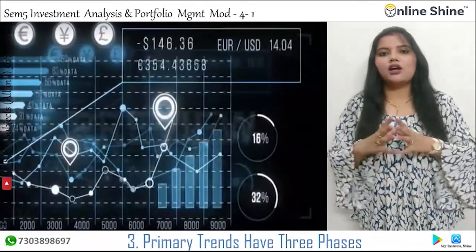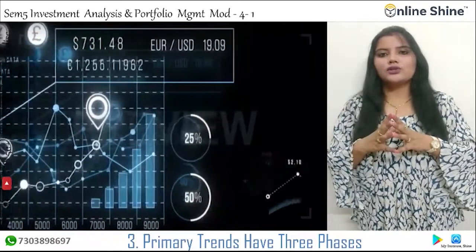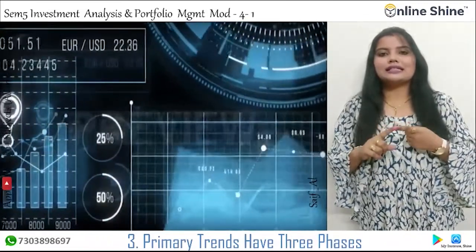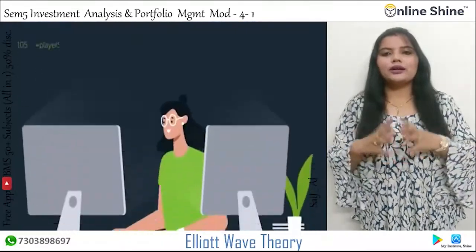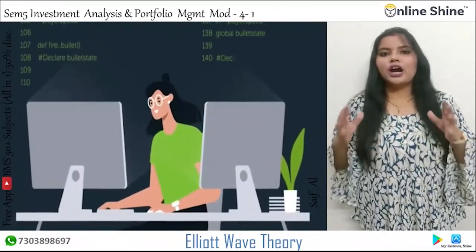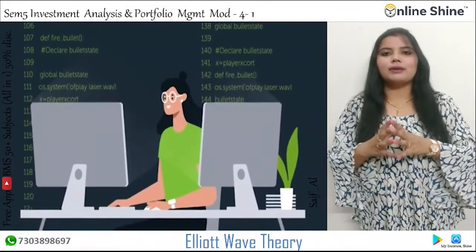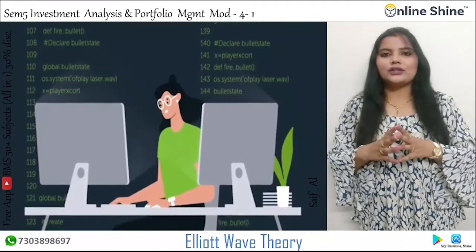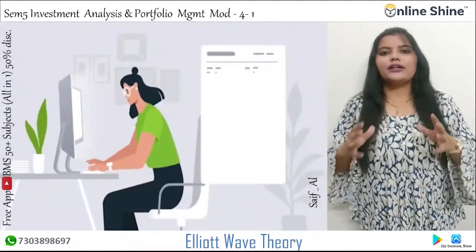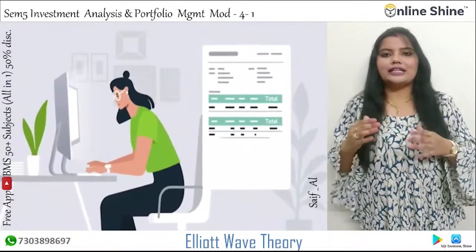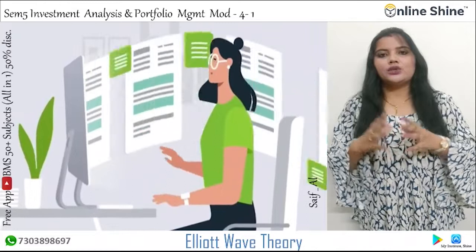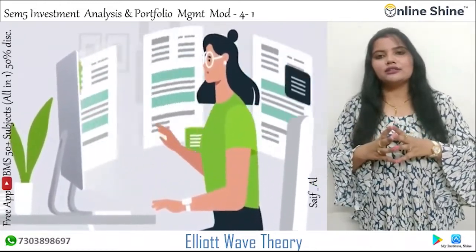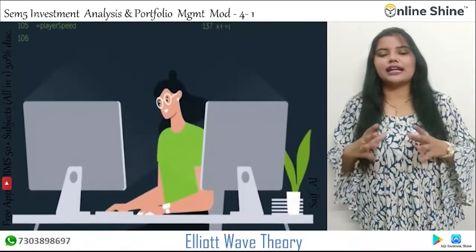So this is all about how Dow Jones theory works. Now next is Elliott wave theory, the second theory. It is also called the modern theory or 21st century market theory. So what is the Elliott theory? Elliott wave theory is named after Ralph Nelson Elliott, 28 July 1871 till 15 January 1948.